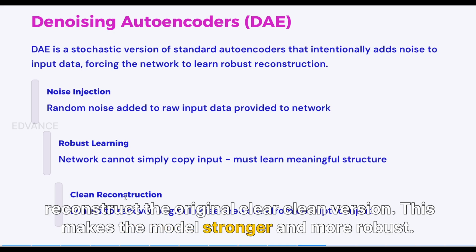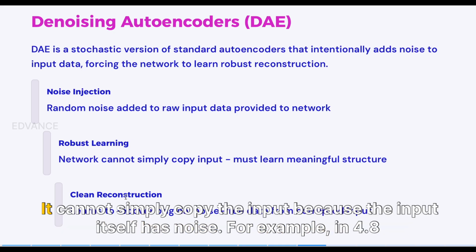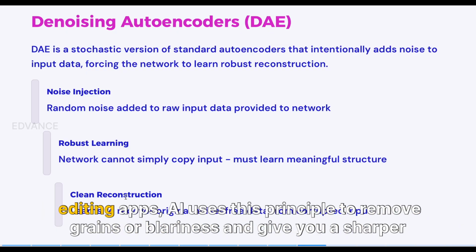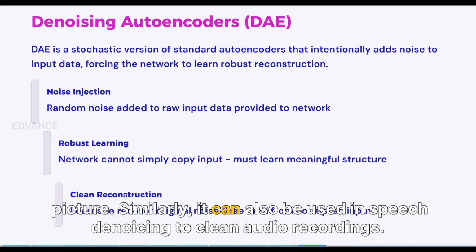This makes the model stronger and more robust. It cannot simply copy the input because the input itself has noise. For example, in photo editing apps, AI uses this principle to remove grains or blurriness and give you a sharper picture. Similarly, it can also be used in speech denoising to clean audio recordings.